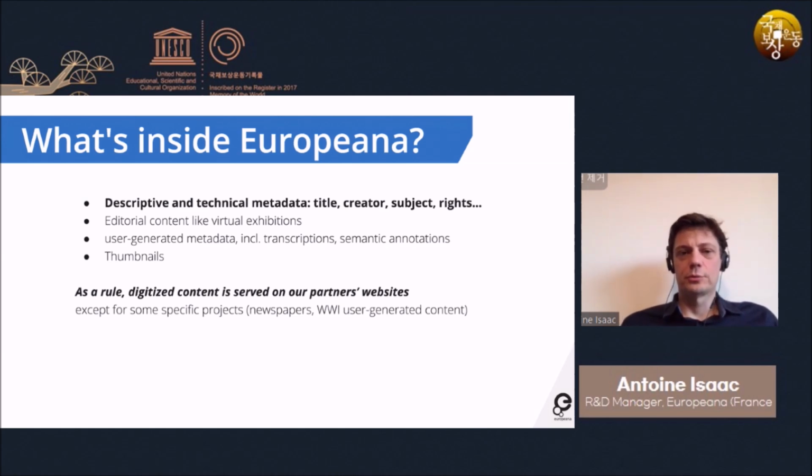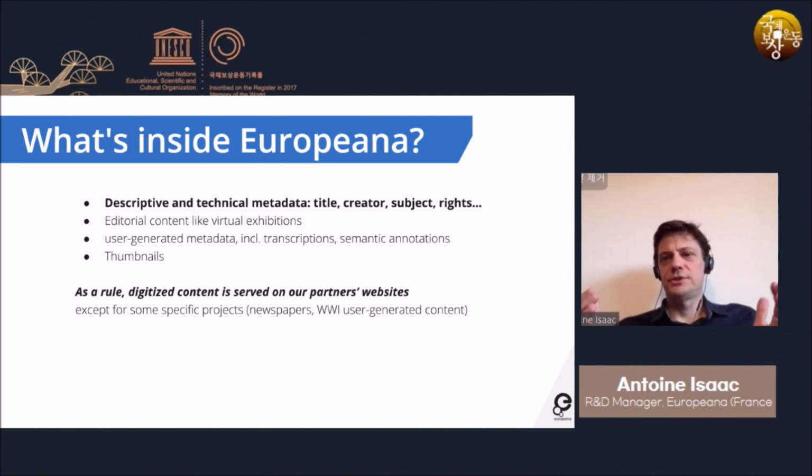We also have some contributions from users, for example transcriptions or various kinds of annotations. And for making the portal work, we have a copy of images of the content, but these are only thumbnails. As a rule, the digitized content is still served on our partners' websites.